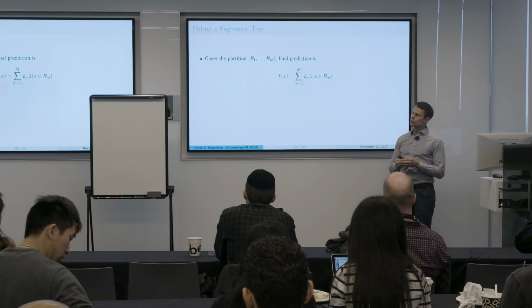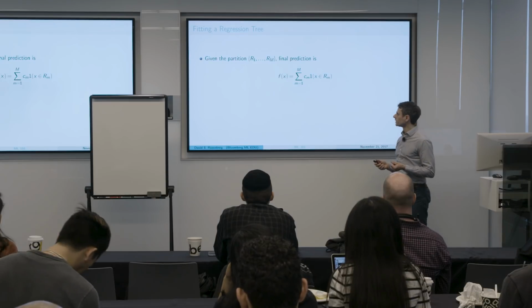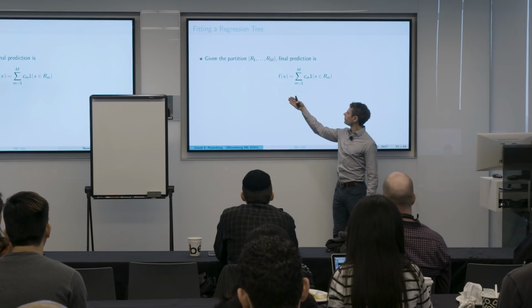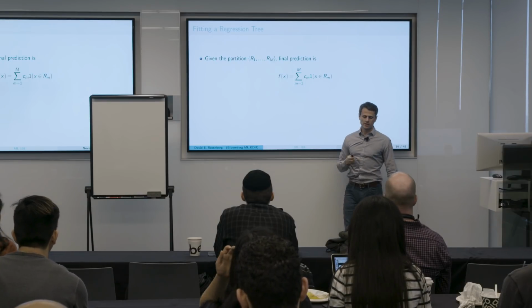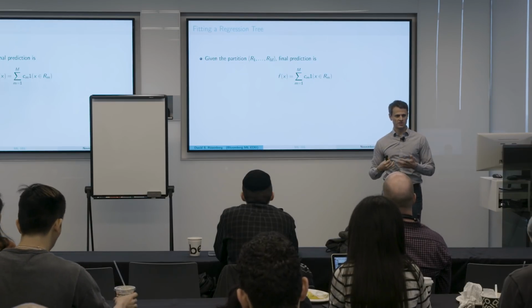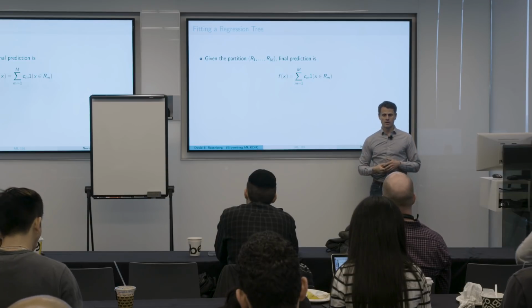we could ask, what are the optimal values to predict for each region of the tree? So we can write our prediction function in this way. f(x) is this linear combination of indicators for whether this input is in a particular region. You'll note that this is the indicator that x is in R_m.